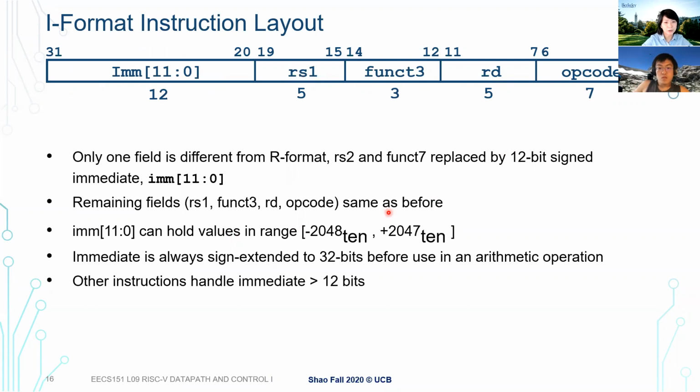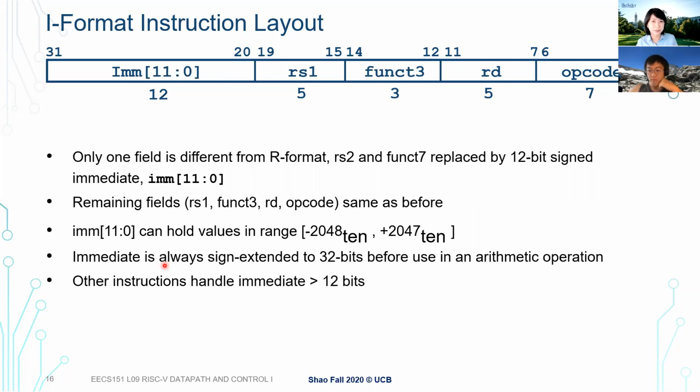As we mentioned earlier, the first bit is used for the sign bit. So with 12 bits, the first bit is the sign bit, and the range is positive and negative 2 to the 11th. We'll mention in a minute how the immediate is handled, because all our registers are 32-bit. So when we load an immediate, either as part of computation or into our registers, we need to sign extend it to 32 bits before it's used.